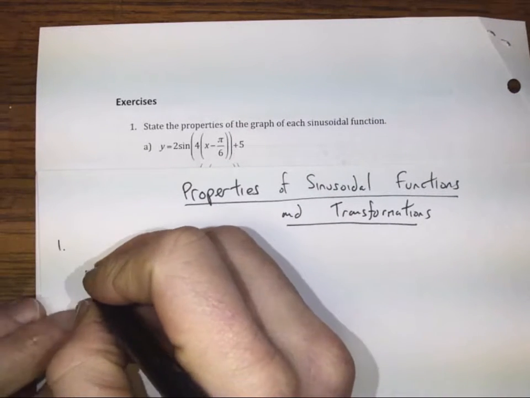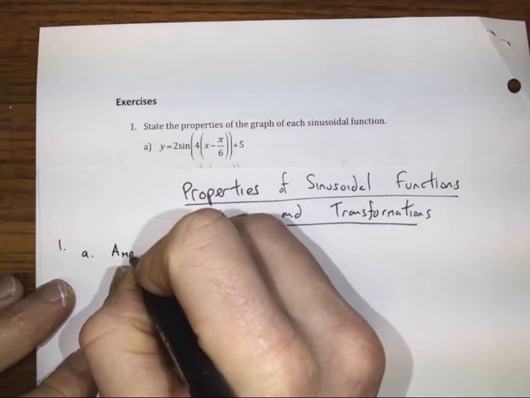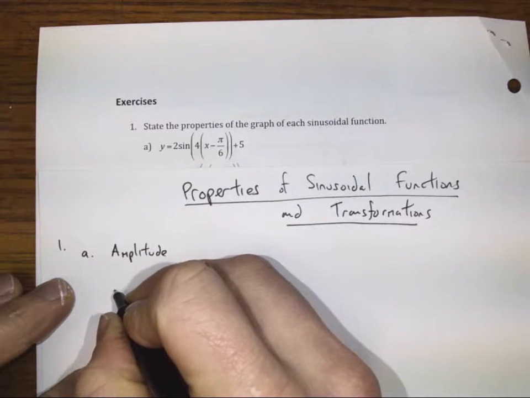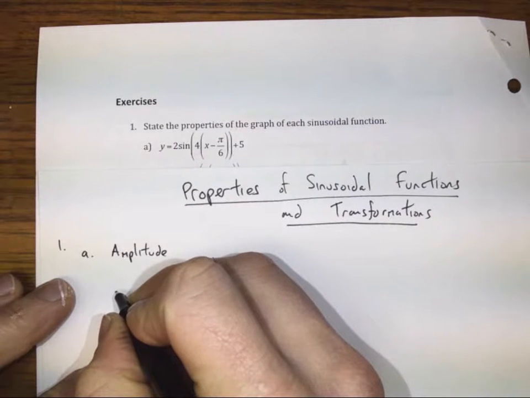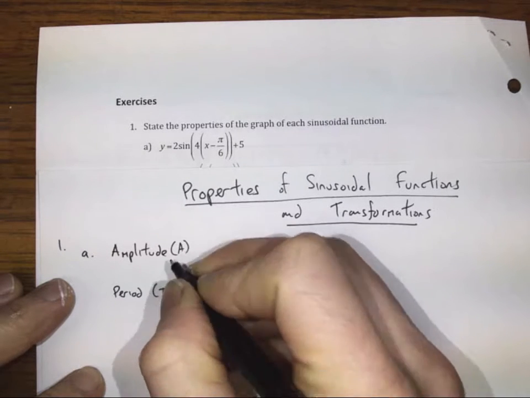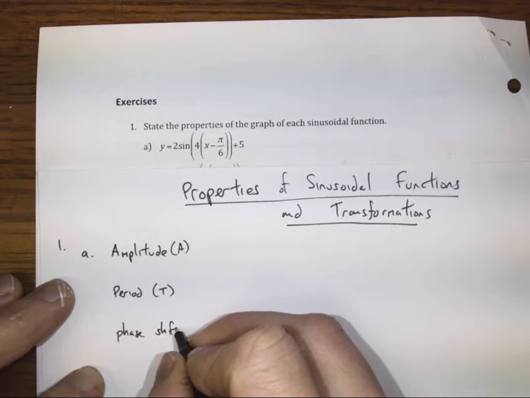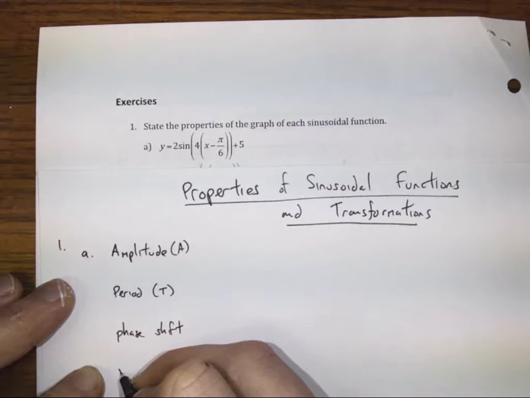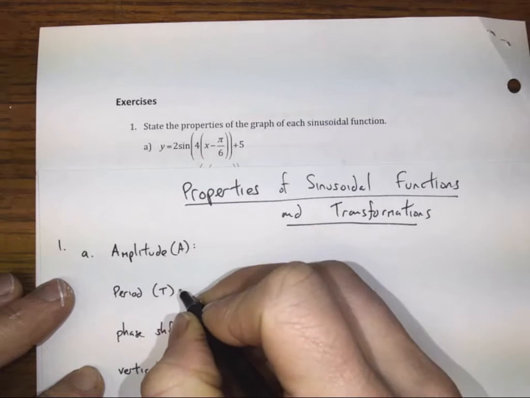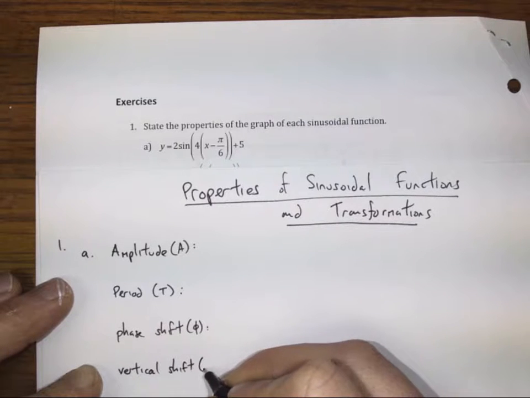So when we say properties, what I want to know for question A is the amplitude, the period, which is T, the phase shift, and the vertical shift. Phase shift is given the Greek letter phi, and the vertical shift is K.